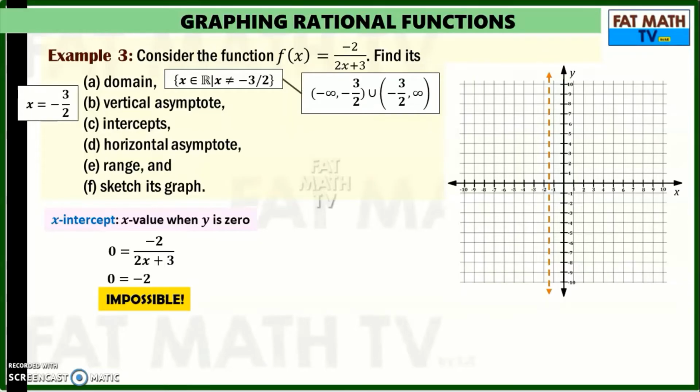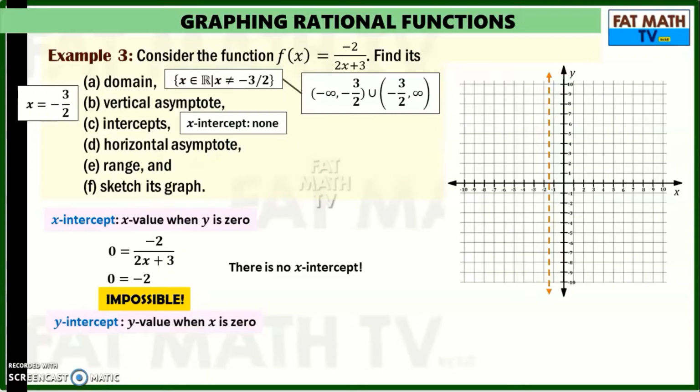Meaning to say, if you get that in your solving, you will conclude that there is no x-intercept. Meaning to say, the graph doesn't pass through the x-axis. Please take note that having no x-intercept is different from having an x-intercept which is 0. In this case, there's really none.